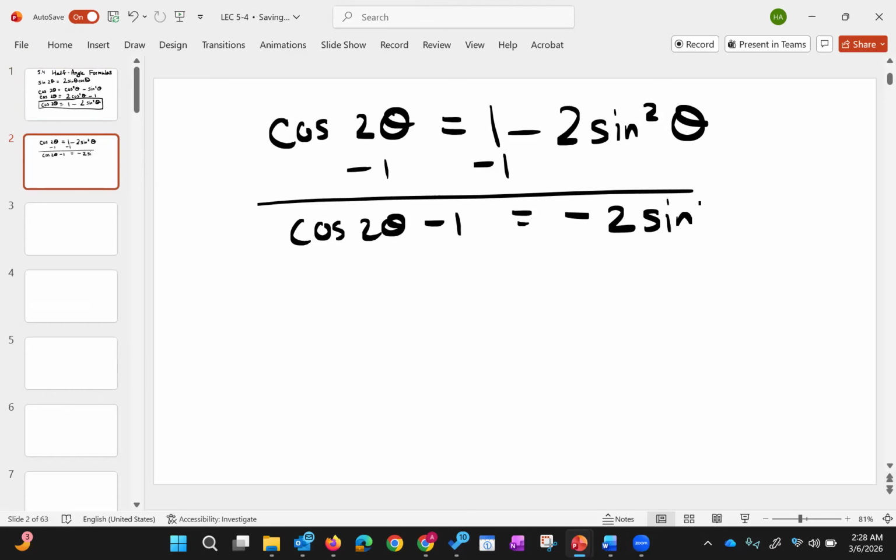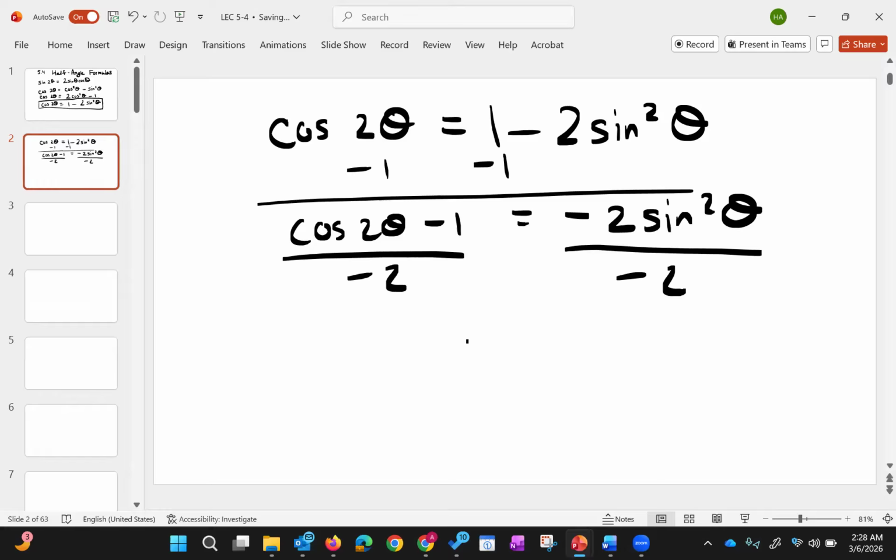negative 2 sine squared theta. Let's divide this by negative 2. If we divide by negative 2, first of all, that cancels, and my left-hand side is left with sine squared theta. On this side, we can move the negative out in front, or we can switch all the signs on top.